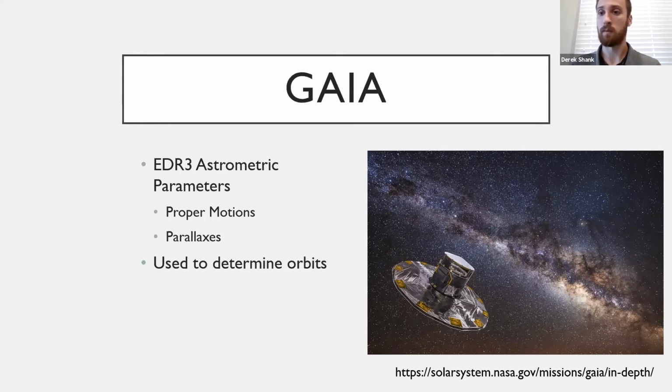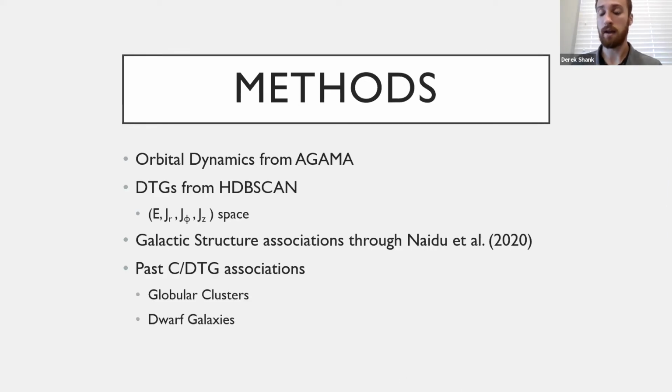Gaia does as well, but not all stars in Gaia have radial velocity values, so we also use the GALAH radial velocity values. We can use these astrometric parameters to determine the orbits of the stars. To do this, we use AGAMA, which is an orbit integration software that will calculate the orbits of the stars and provide things such as the energies, the velocities, the positions, and the actions.